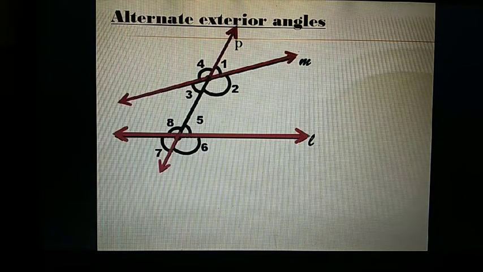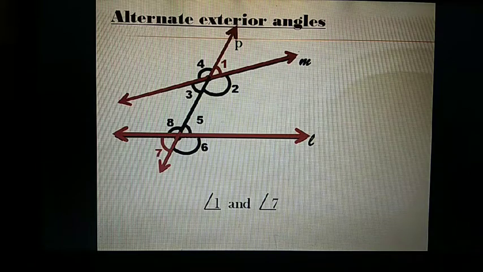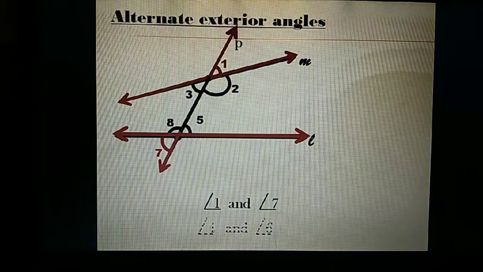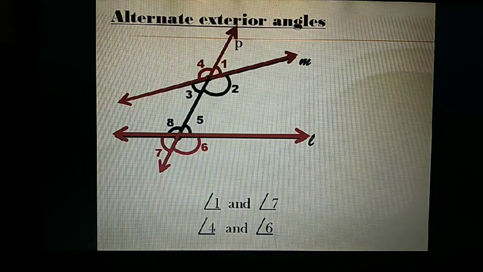So here these are the exterior angles. 1 and 7 are on opposite sides of the transversal. 1 is on M, right of transversal. 7 is on L, left of transversal. Similarly, 4 is on M, left of transversal. 6 is on L, right of transversal. So these two are the pair of alternate exterior angles.